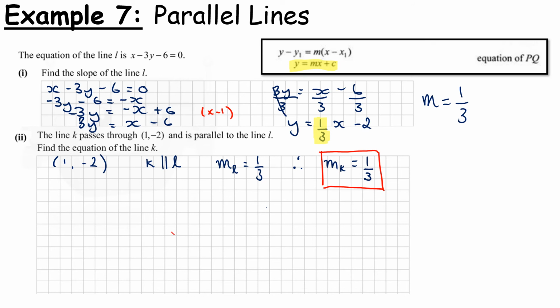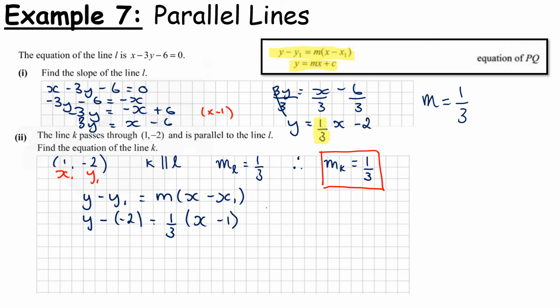I can label this x1, y1. And now I'm going to work with this first equation. Remember, we said the first equation is for when we want to find or build the equation. y minus y1 is equal to m bracket x minus x1. y minus 2 is equal to a third bracket x minus 1.